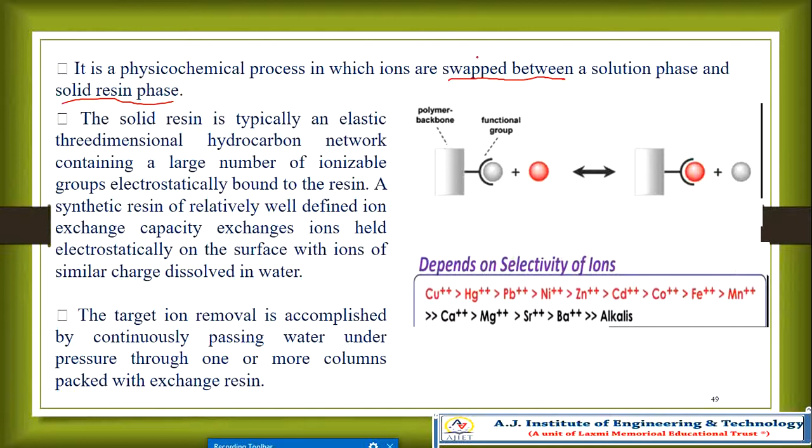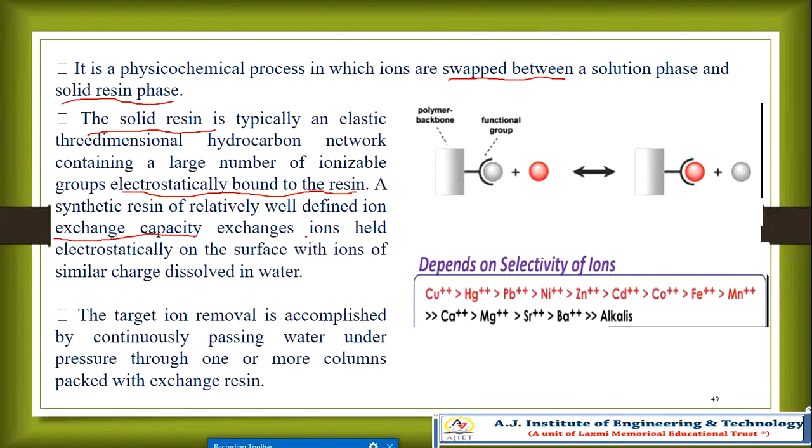The solid resin is typically an elastic, three-dimensional hydrocarbon network, as you can see in the figure, containing a large number of ionizable groups electrostatically bound to the resin. A synthetic resin has a relatively well-defined exchange capacity.